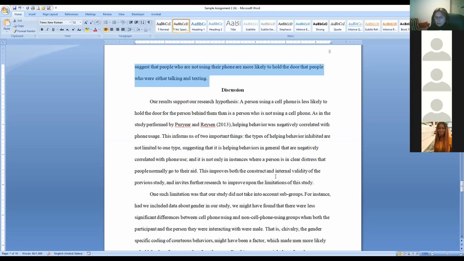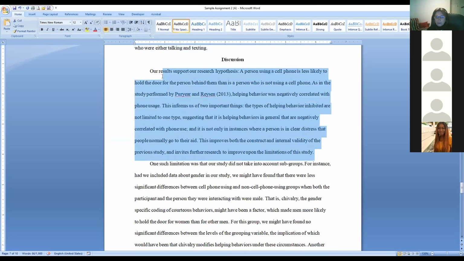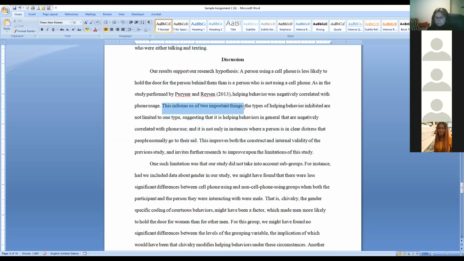Finally, let's move on to the discussion. So here in the first paragraph, you need to come back to the third paragraph of the introduction. What did you predict? What was your research hypothesis? Did you replicate conceptually the research article? Here they give us a little bit of nice language.